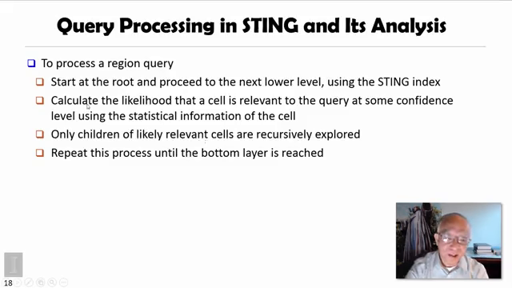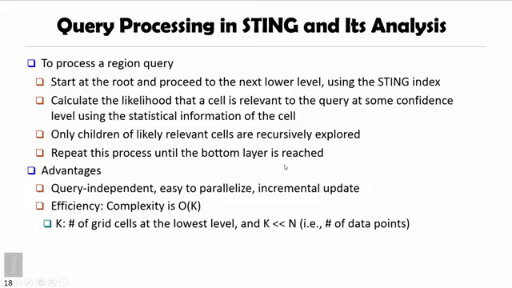That means we can calculate the likelihood that a cell is relevant to the query at some confidence level using the statistical information stored in the cell. Once we are confident we need to go down, only children of the likely relevant cells are recursively explored. So it is quite localized. It could be quite efficient. We can repeat this process until the bottom layer is reached.